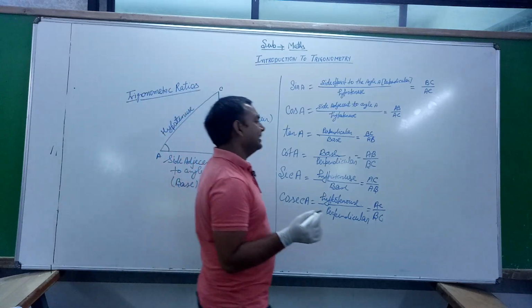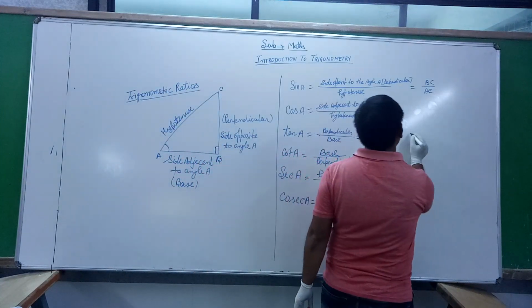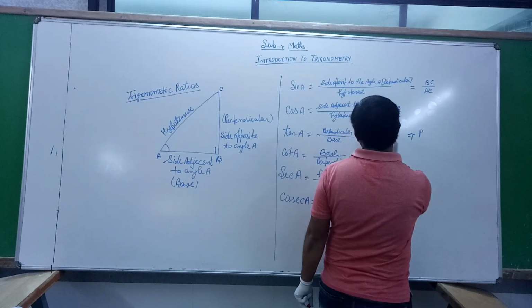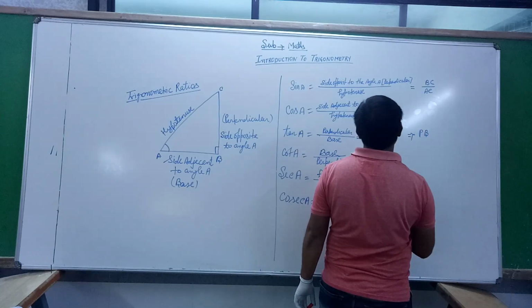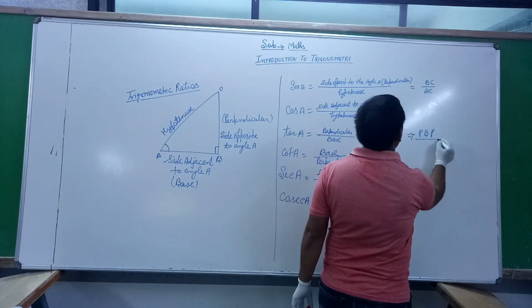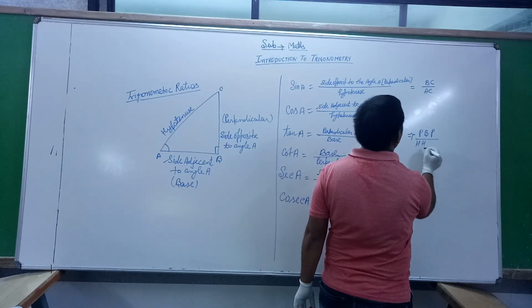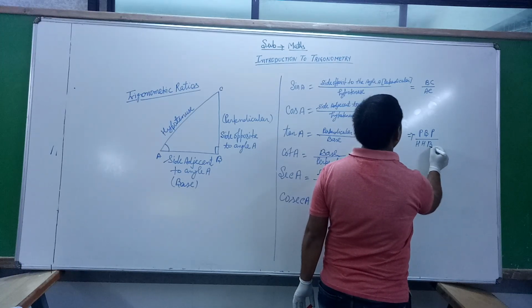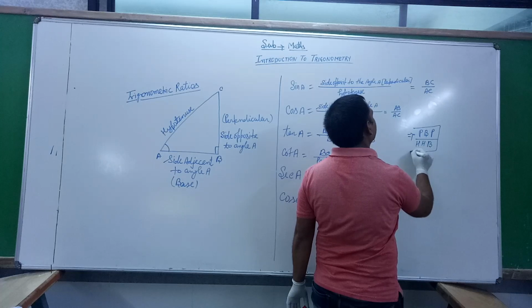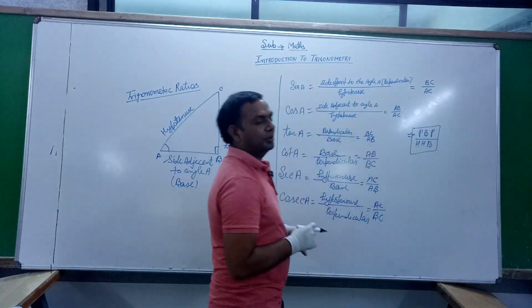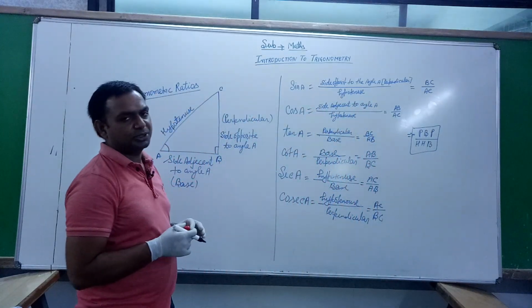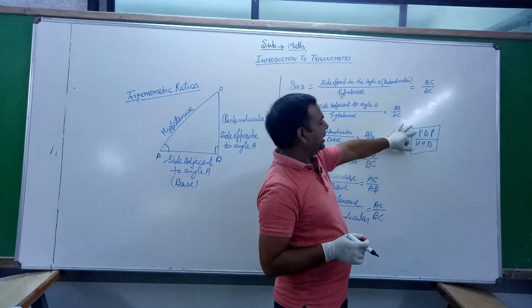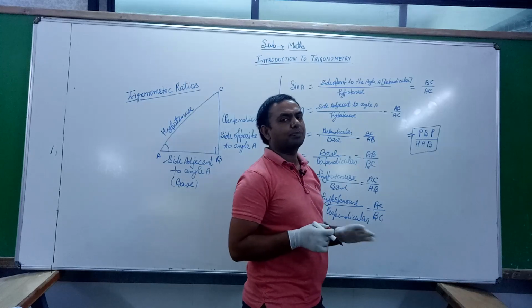In short form, P upon H means perpendicular upon hypotenuse.